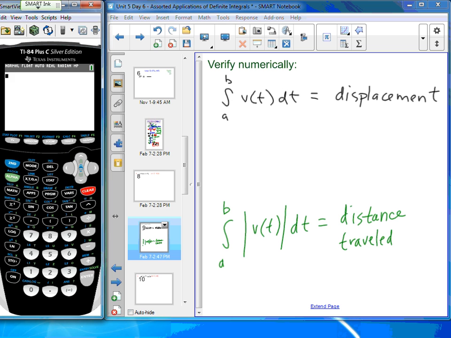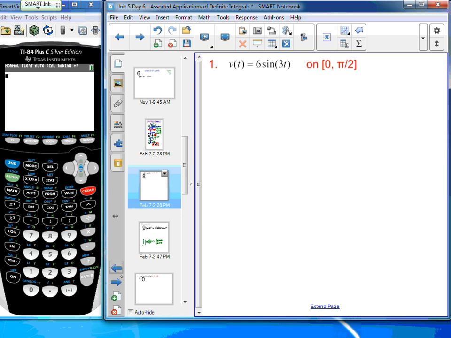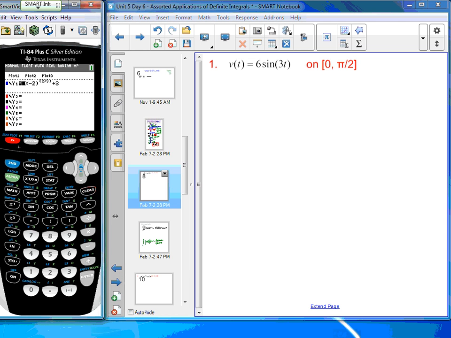All right, let's go ahead and verify numerically. So what was my function? My velocity function was 6 sine 3t. I think I'll just do this. 6 sine 3t close input. Very nice. And I want the displacement from 0 to pi over 2. So I'll math 9 bars.